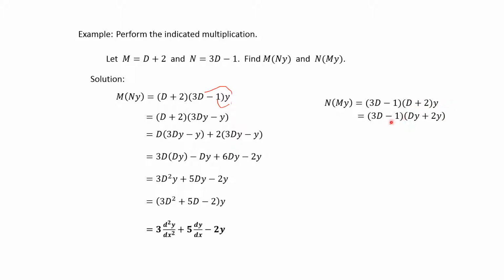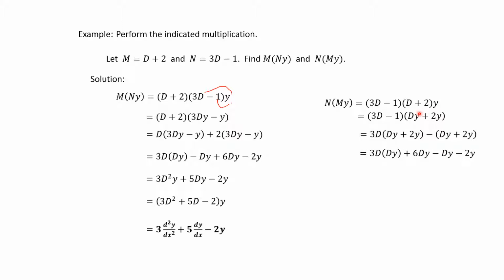So you will get 3D minus 1 and then Dy plus 2y. The next step is you have to distribute 3D to Dy plus 2y and negative 1 also to Dy plus 2y. So you have 3D and then distribute it there, that's Dy plus 2y, and then distribute negative 1 again to Dy plus 2y.